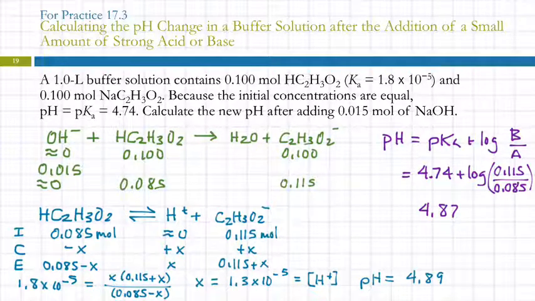Negative log of 1.3304 times 10 to the minus 5 is 4.876, which does round up to 4.88, but still, the last significant figure might vary a smidge. Any questions?